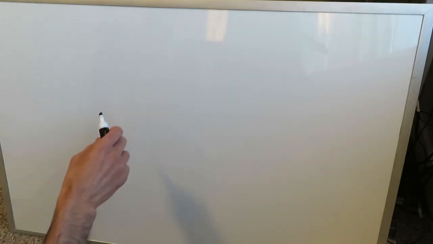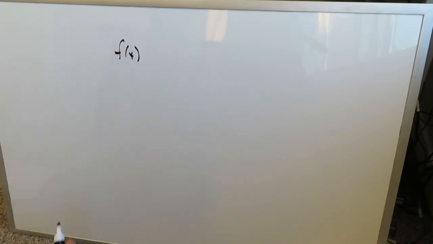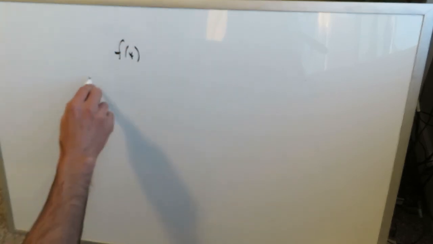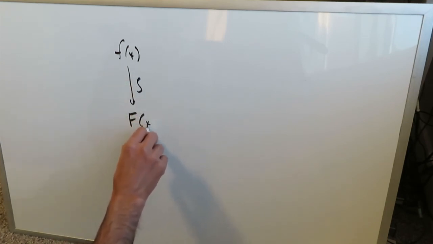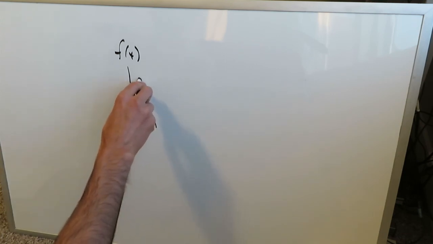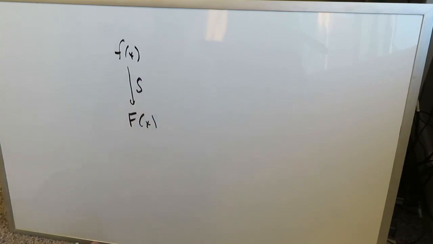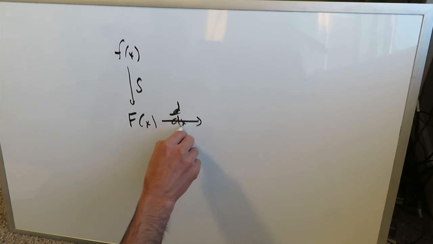Finally, for this video, it bears repeating this. If you have your original function and you're going to do its integral, you come up with a result which we will just graphically show in representation form. This right here is your integral of your original function. It looks like a dollar sign, but it's an integral. And now you do the derivative of this antiderivative.